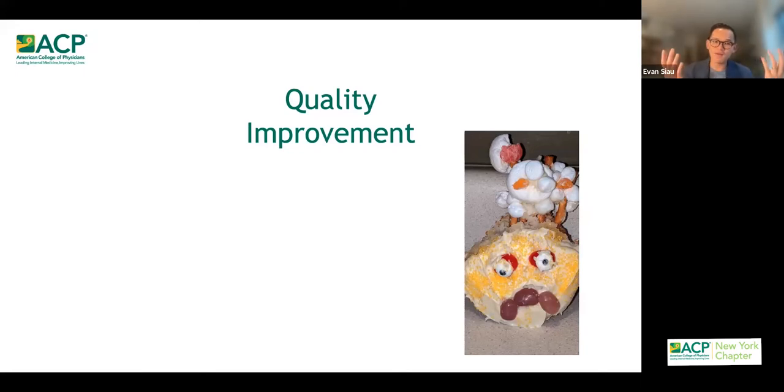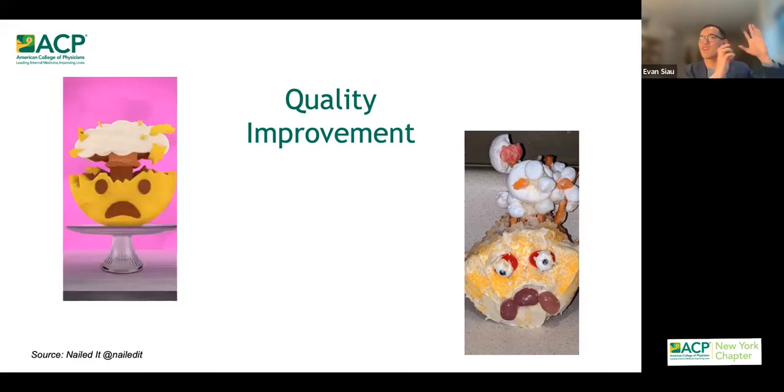So the way I think about quality improvement is really kind of like baking, right? I have an example here. I don't know if you're familiar with this show, Nailed It, but you could kind of see there's someone who tried to bake this at home, and then if you click next slide, Raphael, you're really trying to do this one thing here that you saw on the internet, on social media.